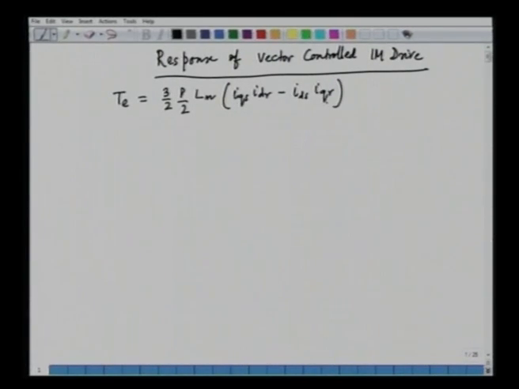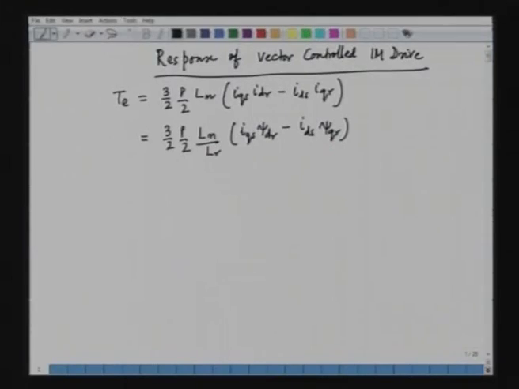And we can also simplify this equation to 3/2 into P/2 into Lm/Lr into (IQS psi dr minus IDS psi qr).